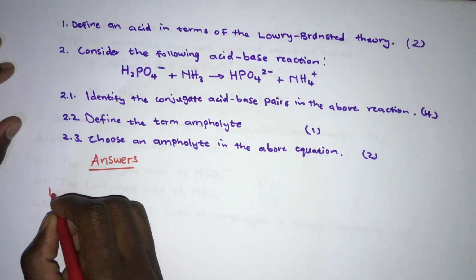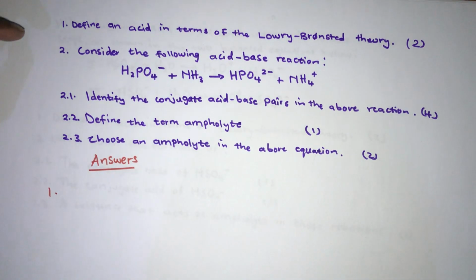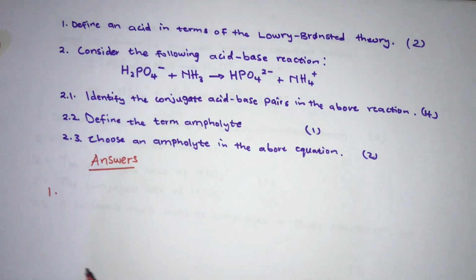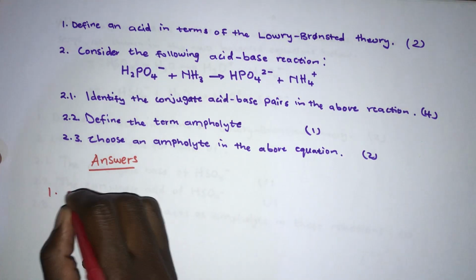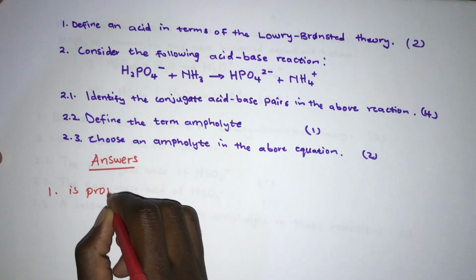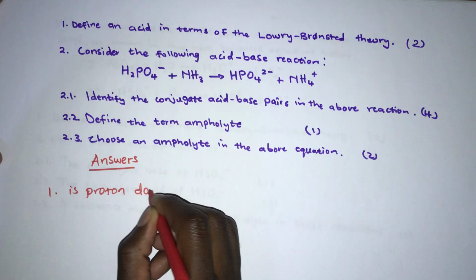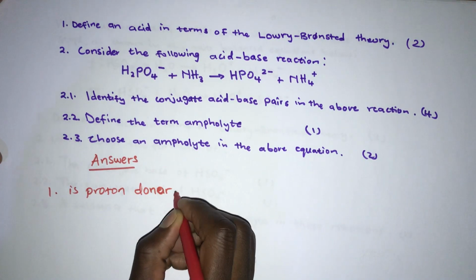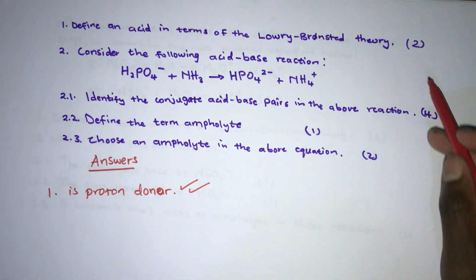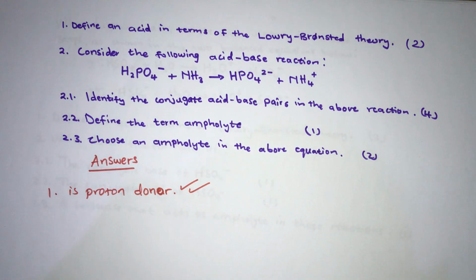Number 1, define an acid in terms of Lowry-Brønsted. According to Lowry-Brønsted, an acid is a proton donor. That is your 2 marks. So just say it is a proton donor, and then you get your 2 marks.